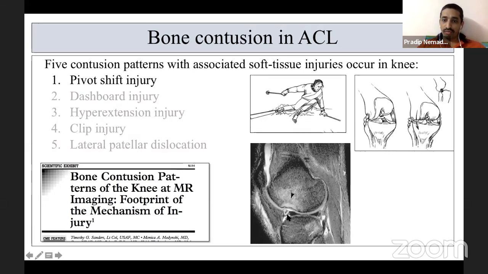Many times we will see this lateral indentation pattern, and it occurs because of this mechanism of injury that leads to ACL injury.